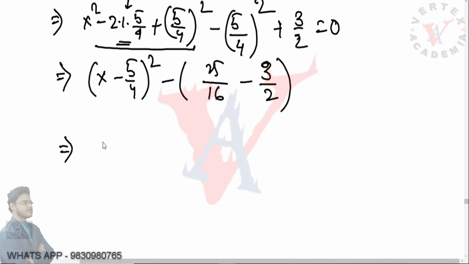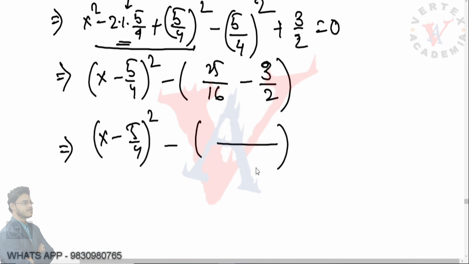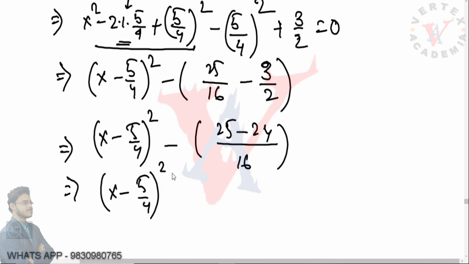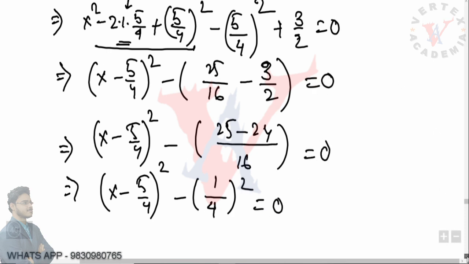Okay, jokes apart. So x minus 5 by 4 whole square minus, this is 16, so 25 minus 24 is 1 by 16, this is 1 by 4 whole square equals 0. I forgot to write the steps.